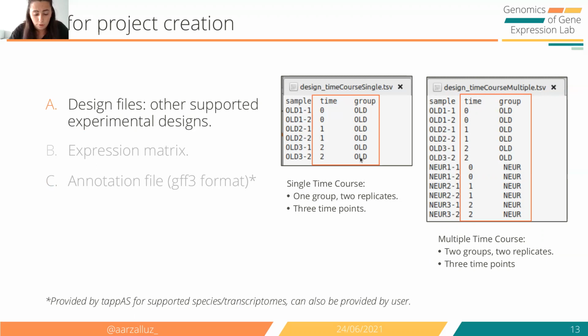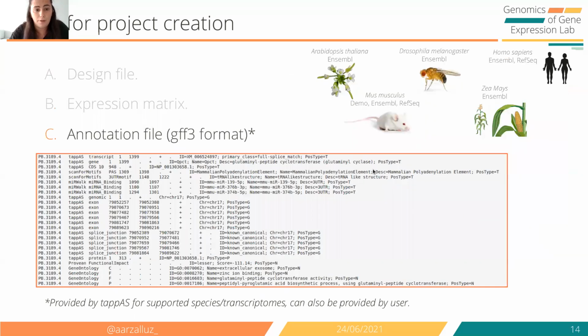And finally, to create a project, TappAS requires a functional annotation file in a compatible GFF3 format. It's important to remember that TappAS GFF3 format is not the same as the regular GFF3 formats that you have available in your reference databases.